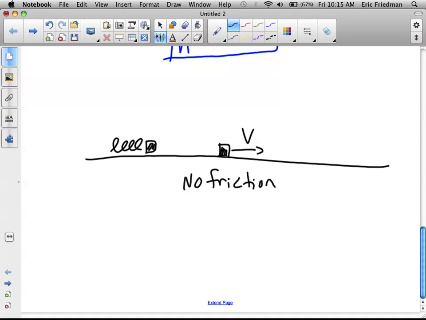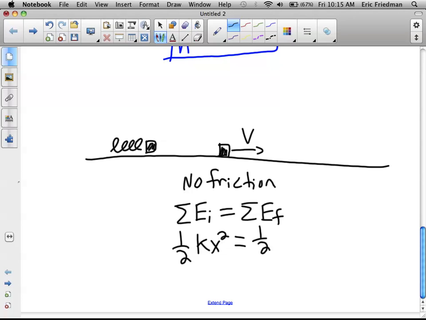Same thing here, conservation of energy. I add up all my initial energy, and that equals all the final energy. This time, spring energy, 1/2 kx squared, equals kinetic energy, 1/2 mv squared. Then I can solve for v, and get the answer that way.